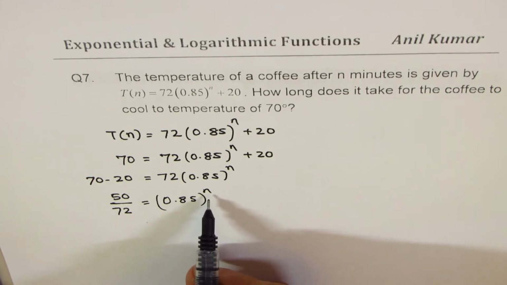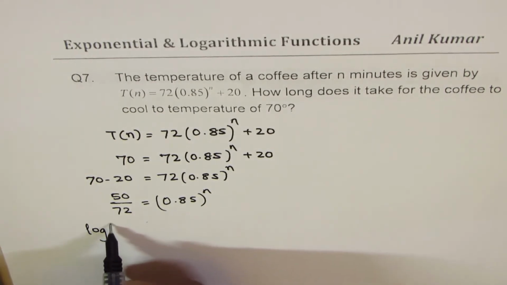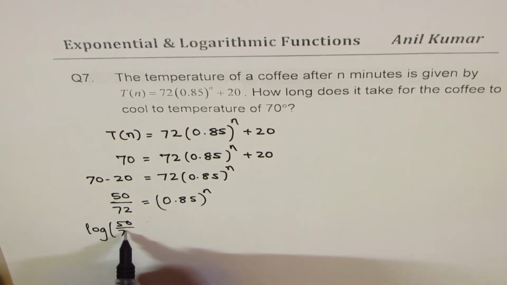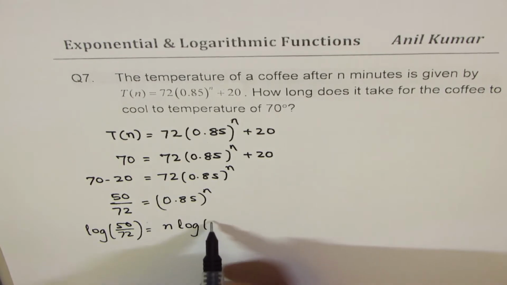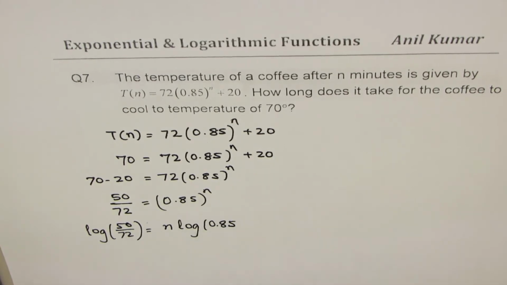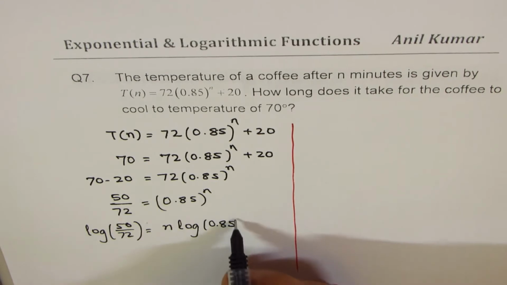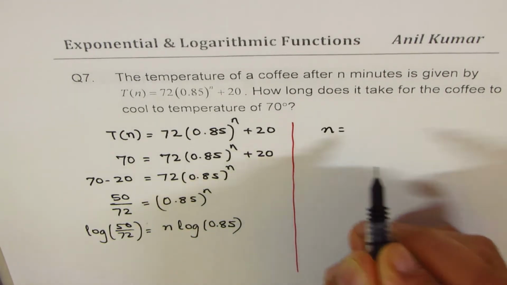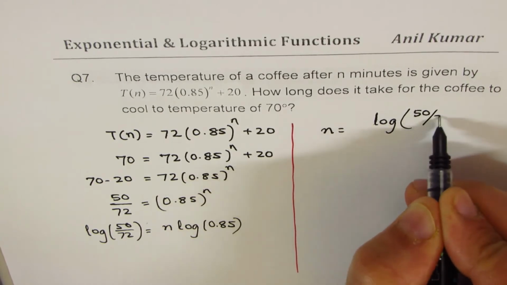To calculate n, let's take log both sides. We get log of 50 over 72 equals n times log of 0.85. And now you can calculate the value of n by finding the ratio of these logs, right? So close the brackets. So n is equal to log of 50 over 72.